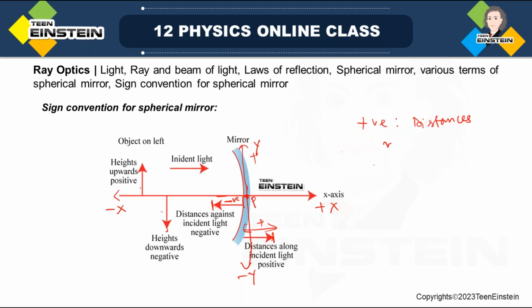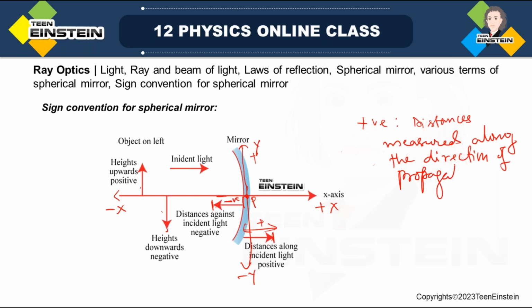Distances measured along the direction of propagation of light are always positive.